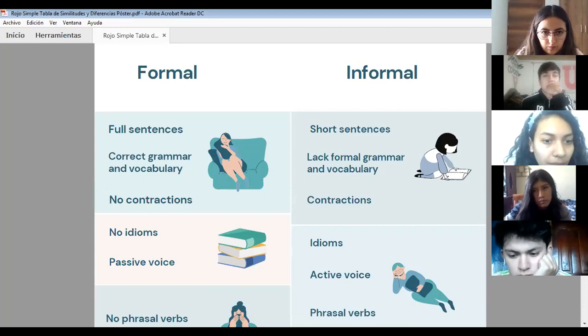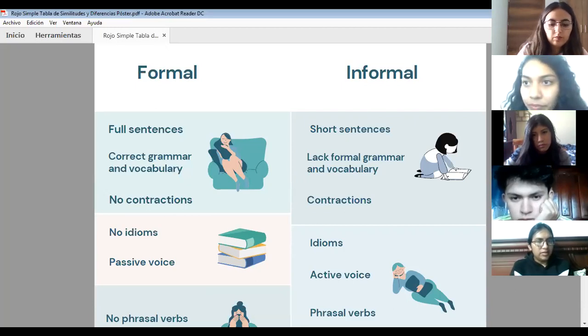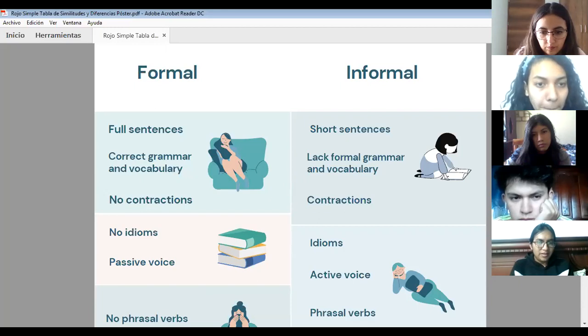Formal and informal? Excuse me, teacher. Can you tell me differences about formal and informal emails? Differences. Those that you remember, las que puedas recordar.